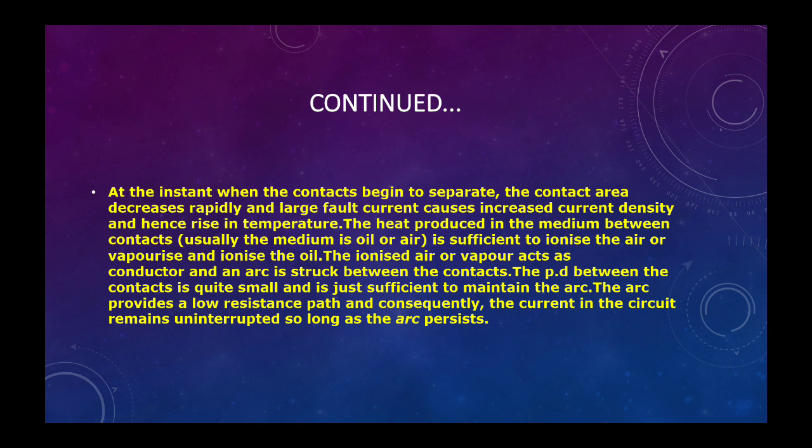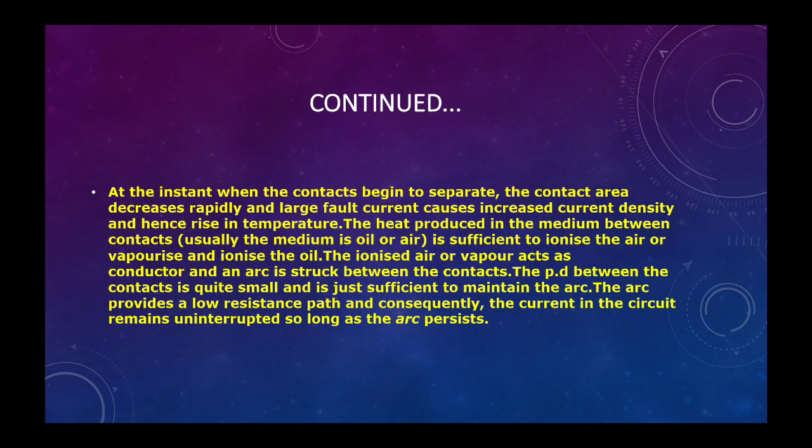The current produced in the medium between the contacts, which may usually be oil or air, is sufficient to ionize the air or vaporize and ionize the oil. And this ionized air or vapor acts as a conductor, and an arc is struck between the contacts.